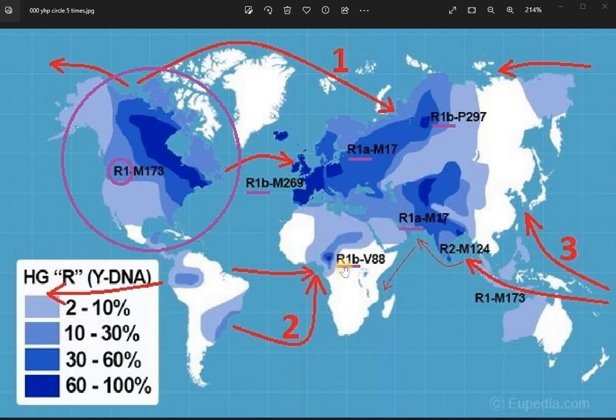But this is a different R1B than this R1B, and I explained that this R1B comes through the North Atlantic Gyre, and this one comes through the South Atlantic Gyre. The same way I will explain later R2. It comes through the South Pacific Gyre.